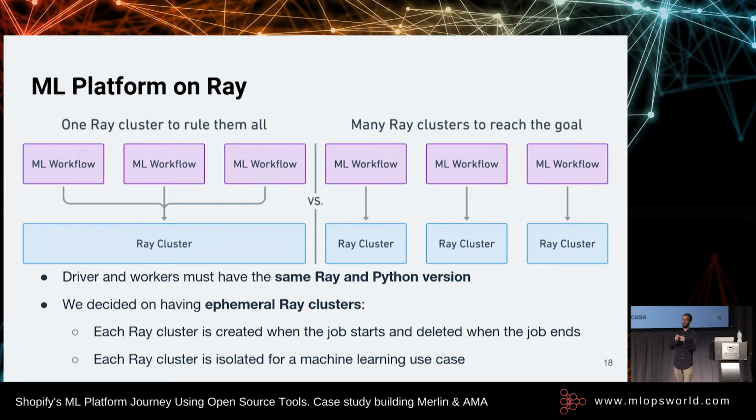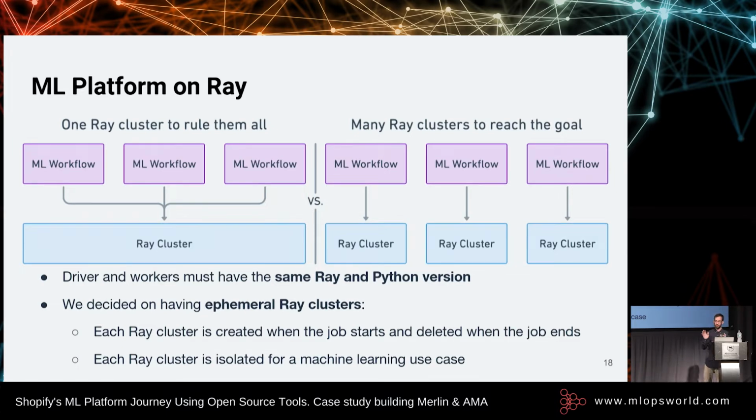So you can keep a separate version of Ray and Python and maybe even the different libraries that you use between your different use cases that are running. For our machine learning platform, we decided on having ephemeral Ray clusters. So each Ray cluster is created when the job starts and deleted when the job ends. Each Ray cluster is isolated for a specific machine learning use case.